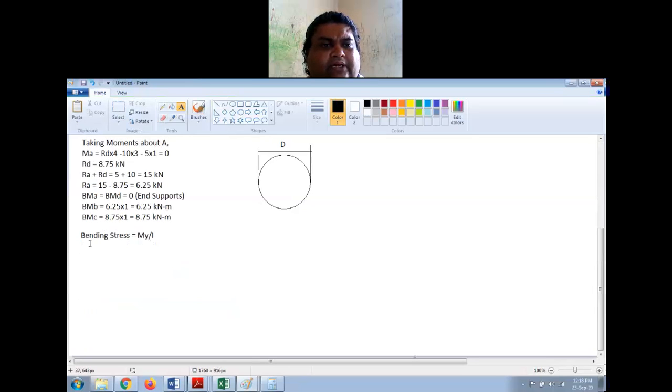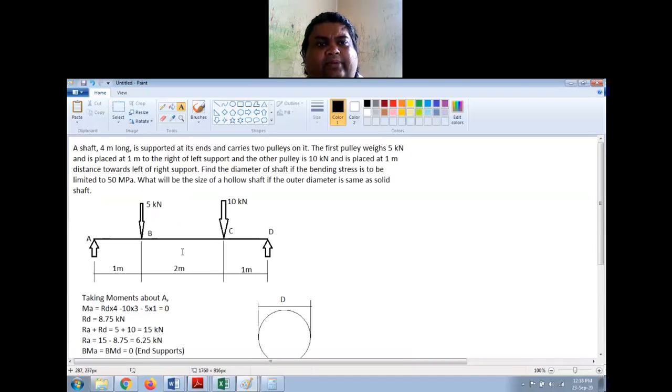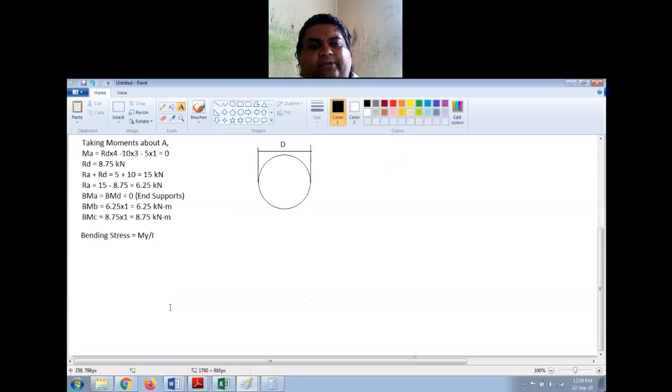Now in this equation, I know the bending stress. The permissible bending stress for this shaft material is 50 megapascal, right? It cannot increase more than 50 megapascal. So I will use this value as 50. This will be the maximum bending moment, which is 8.75. Y will be d by 2, and I is the moment of inertia.